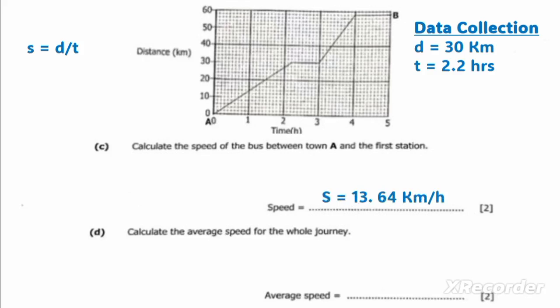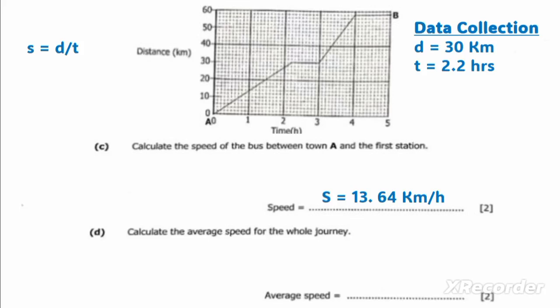Therefore, the speed of the bus between town A and the first station is 13.64 kilometers per hour. Remember, you need to include the units in order to attract 2 marks. Without including the units, you won't attract 2 marks.